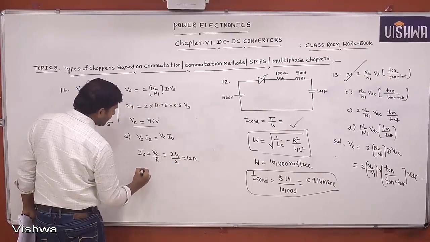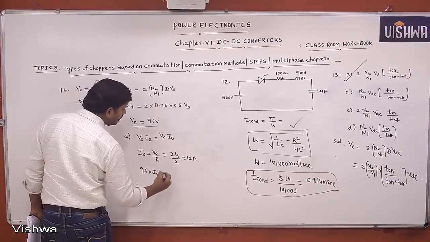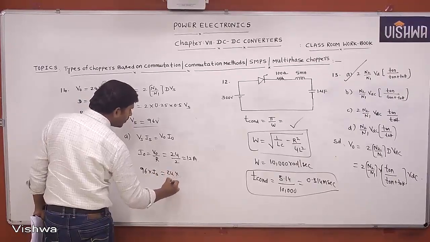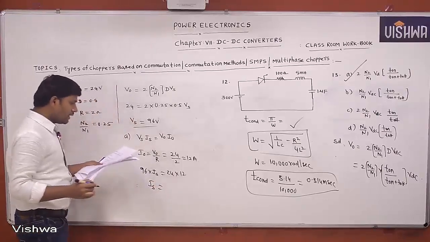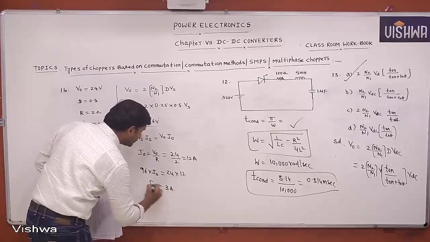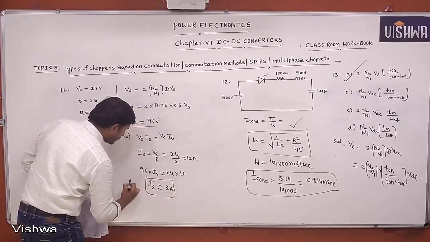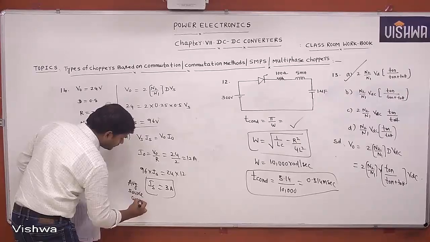Vs into Is, that is 96 into Is, equals V0 into I0, that is 24 into 12. Then from this, we get the average source current equal to 3 amperes. This is the first question, the average source current.